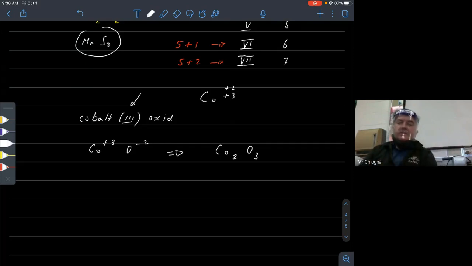You're seeing a common theme that you'll see throughout chemistry and actually physics as well: the idea of neutrality. These charges come together in a way so that they match each other. They'll combine in a way so that they always add up. We see that throughout nature.